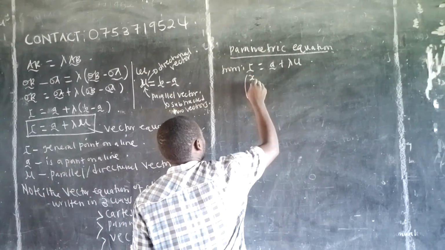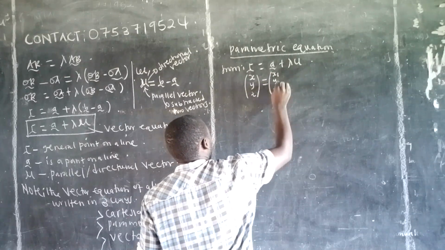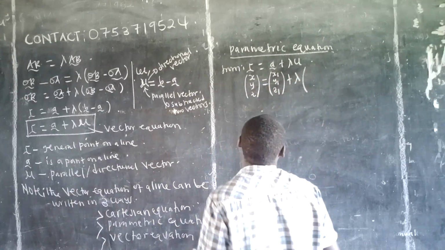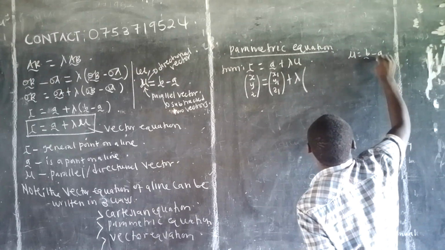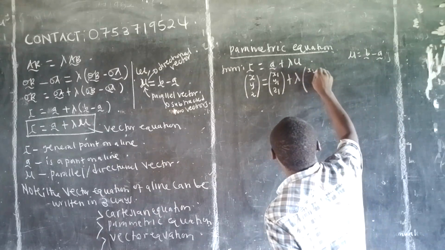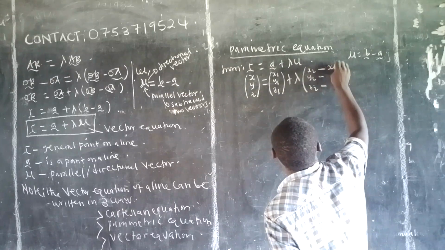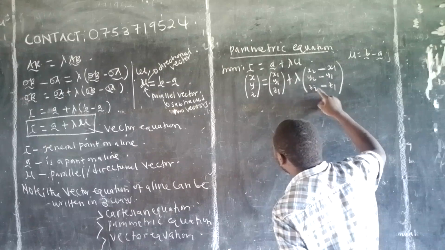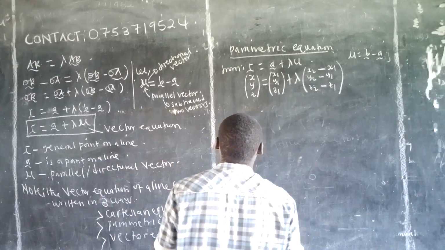So r, which is x, y, z, is equal to a, which was x1, y1, z1, plus lambda times our mu, which is a parallel vector, meaning subtracting b minus a. You all remember that. So b minus a, where b was x2, y2, z2, minus x1, y1, z1. So this one here is what we call a parallel vector, a point on a line, a general point.